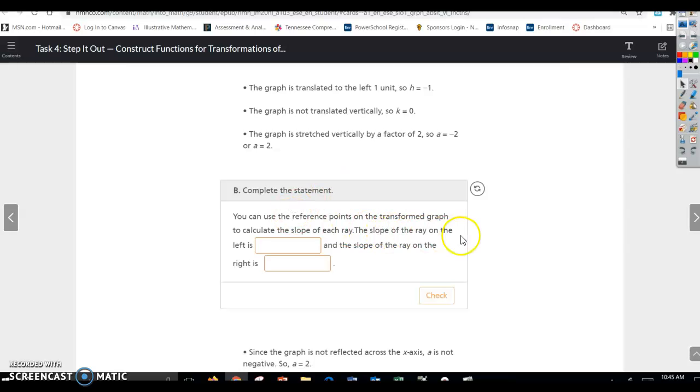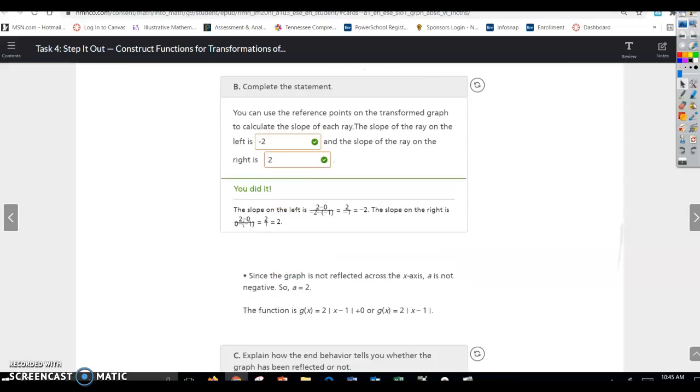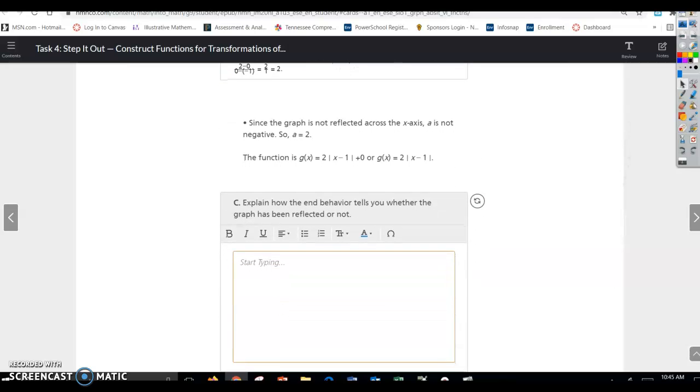That's what I just did. So the slope of the ray on the left is negative, and the slope on the right is positive. Since the graph is not reflected across the x-axis, a is not negative, so a is positive. The V-shaped graph is pointed up, which means it's a positive a. If it was an upside down V, it would be a negative a.